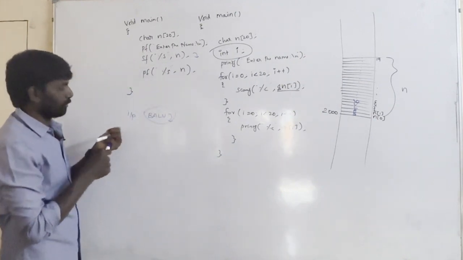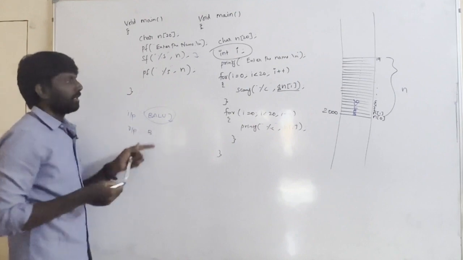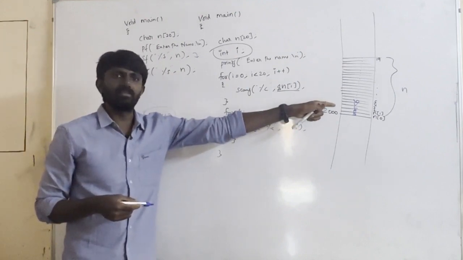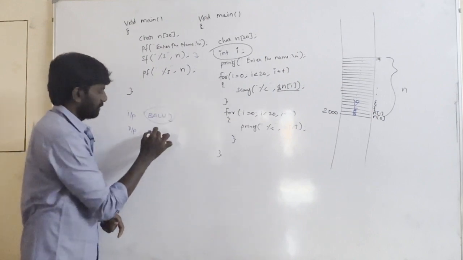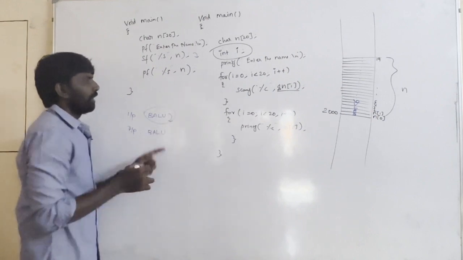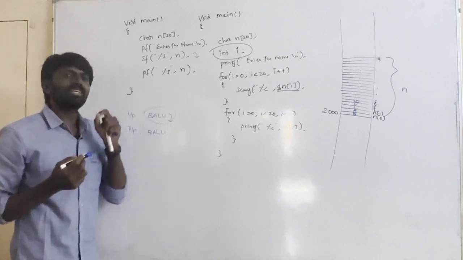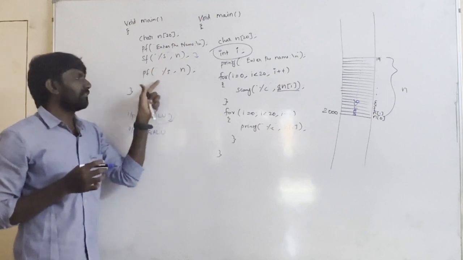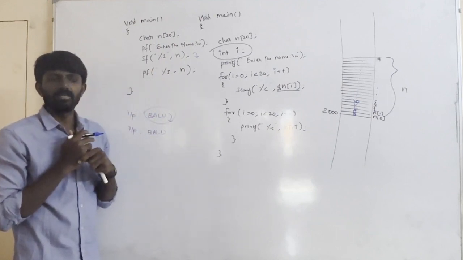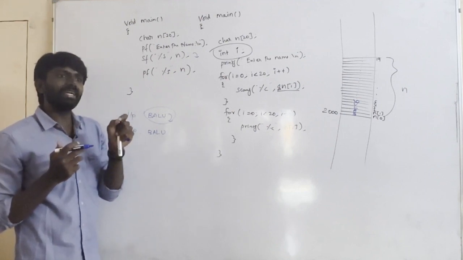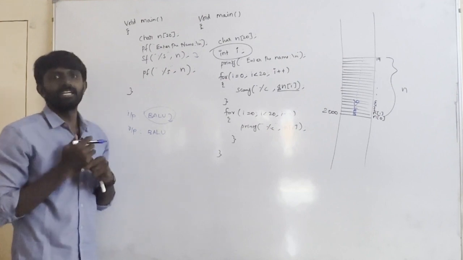You have B, it will print B, and automatically go to the next byte. Next byte, A. Next byte L, next byte U, and the next byte \0 is there. So whenever \0 is there, the printf will identify that the string is ending here. So \0 indicates where your string is terminated.